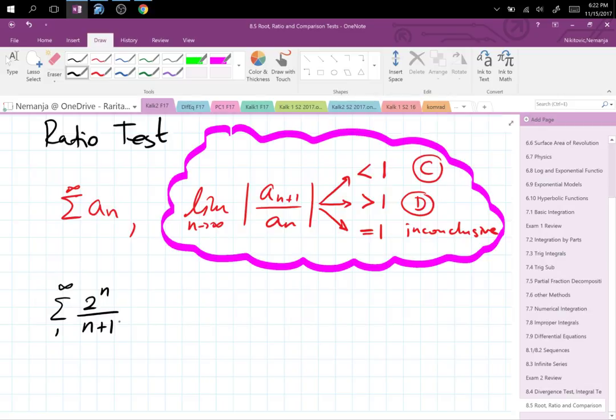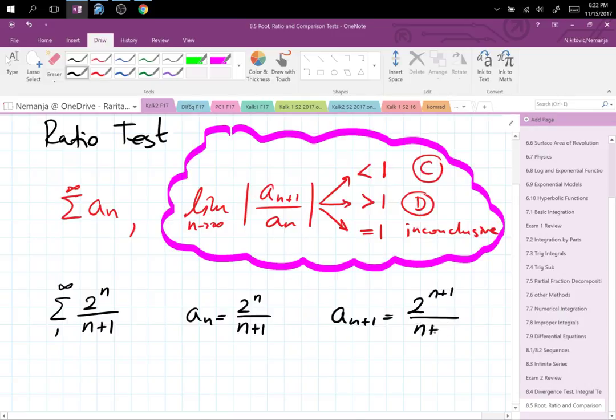So we look at this one. We say, all right, an is 2 to the n over n plus 1. Then an plus 1 must be 2 to the n plus 1 over n plus 2. Because n is replaced by n plus 1, and then you have plus 1, so it's a plus 2.